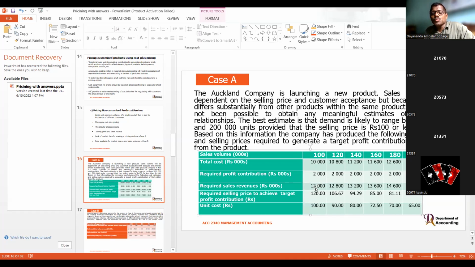So your sales could be so much and the required selling price would be so much. You calculate the total revenue, and divide the total revenue by the relevant number of units, which is 12,000. So 120, 101, 94, 85, 81 and 75. The price will vary from product range to range. So that is the idea about case A.